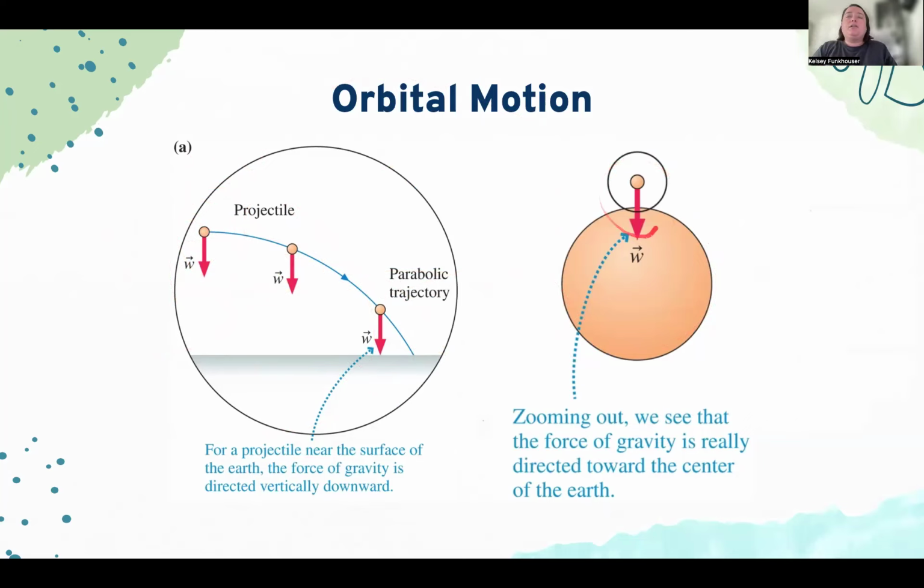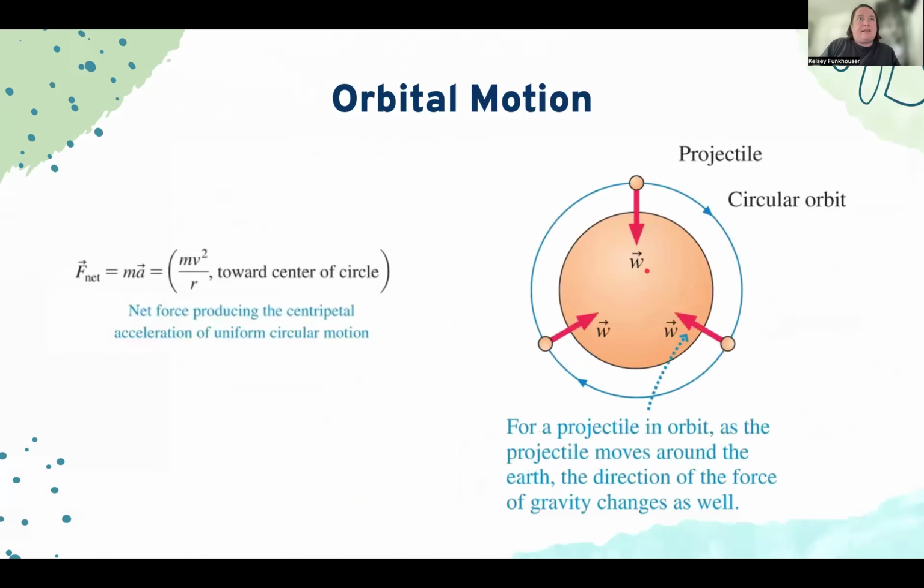The net force is always going to point toward the center of the planet. So it doesn't matter where in the orbit the projectile is, its net force and weight force is going to be pointing toward the center, just like here. So orbital motion acts just like circular motion.